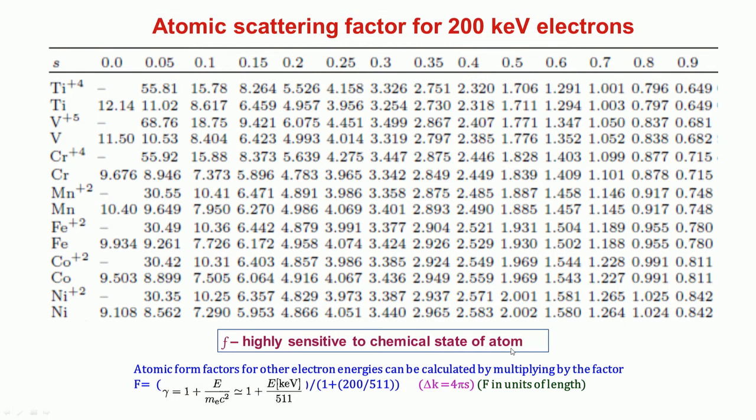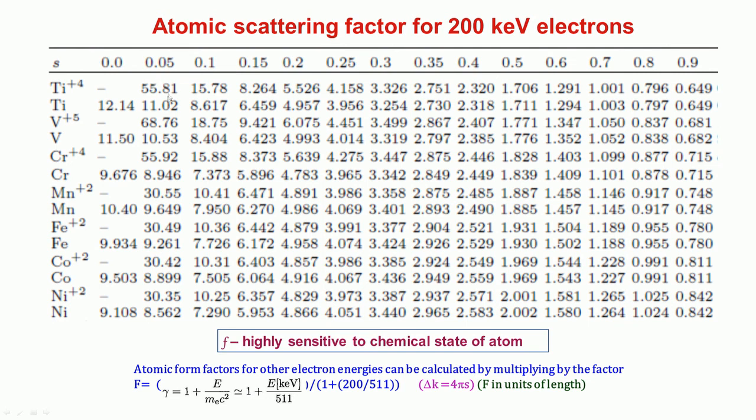Here again, taken from the book, I am just giving what the atomic scattering factor is going to be for 200 kV. What is essentially important is that if you see here titanium 4 plus ion or titanium, for small angles there is a large variation in the atomic scattering factor.